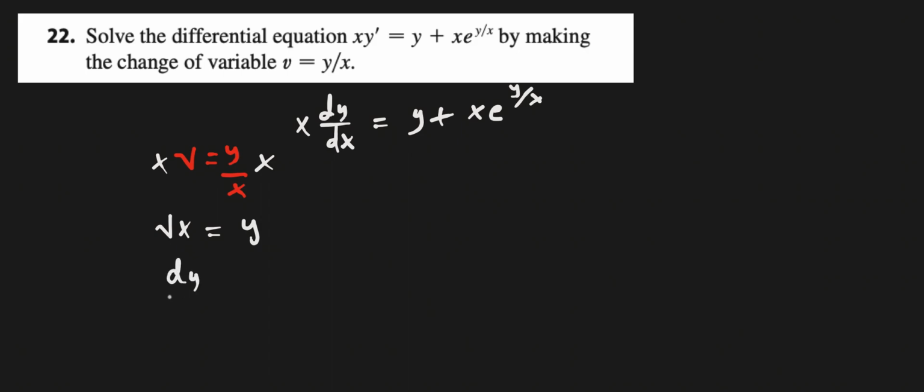And then if we differentiate, dy by dx is equal to, we can use the product rule, so this is just going to be v plus x dv by dx, right?